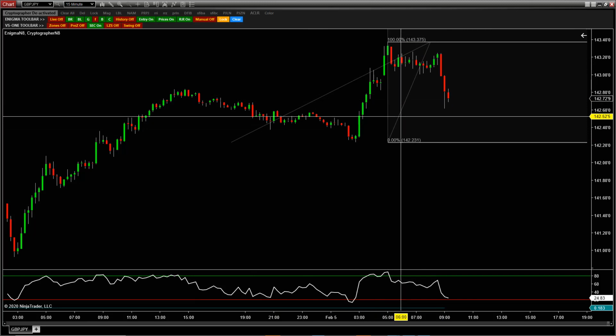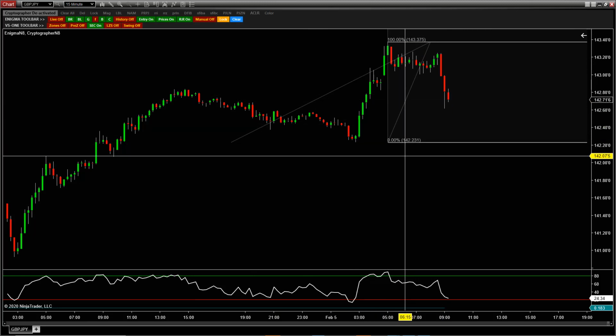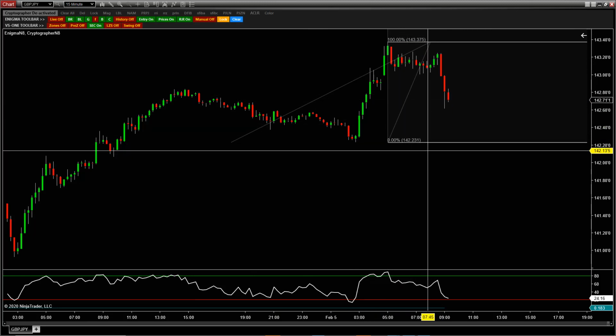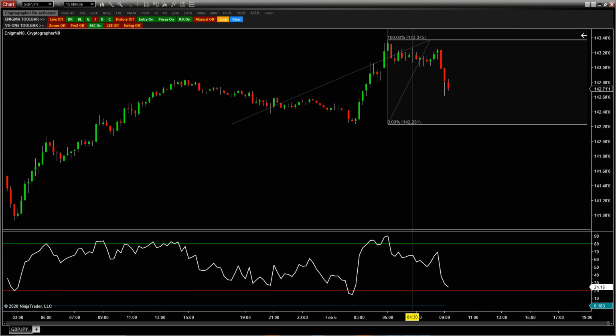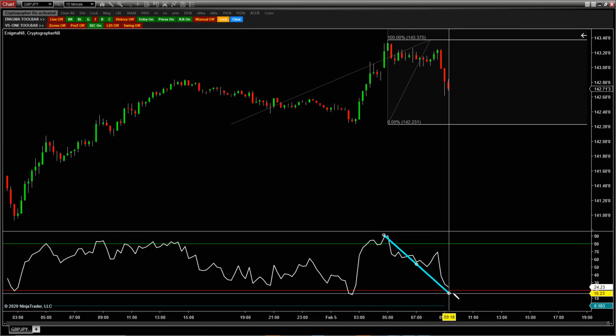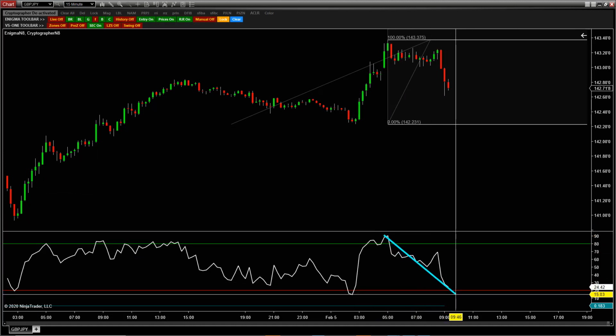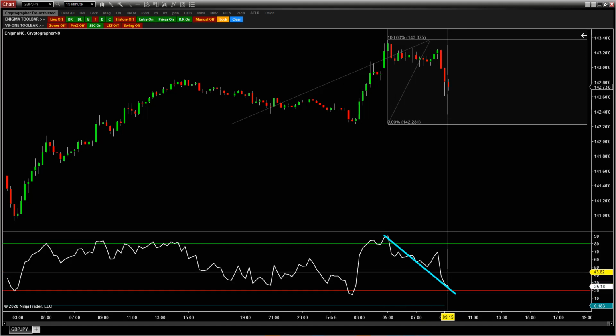Nothing as of yet. What I would love to see is what's called an RSI swap. I love seeing the RSI go from one extreme to the other. That's one of my favorite things to look for, especially on the lower time frames. I would love to see that followed by a higher high, higher close.